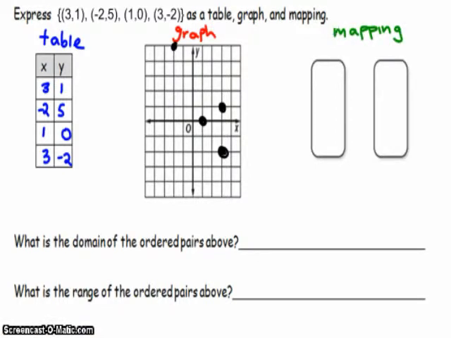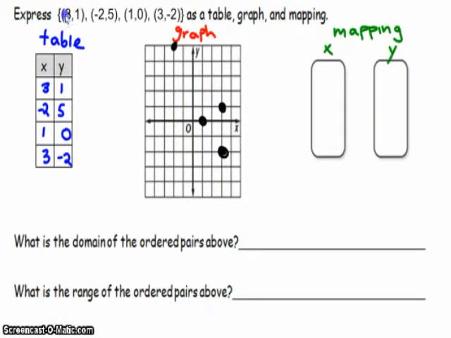And the last representation is mapping. Now, if you remember from in class, there's a special rule about mapping: for these questions down below, if any x value or any y value repeats, you do not write it twice. That goes for x or y. So here's my x column, and here's my y.